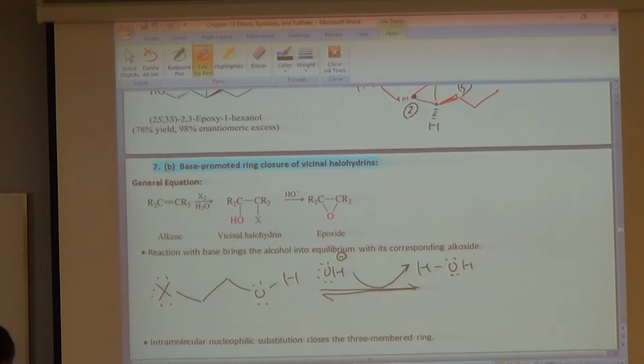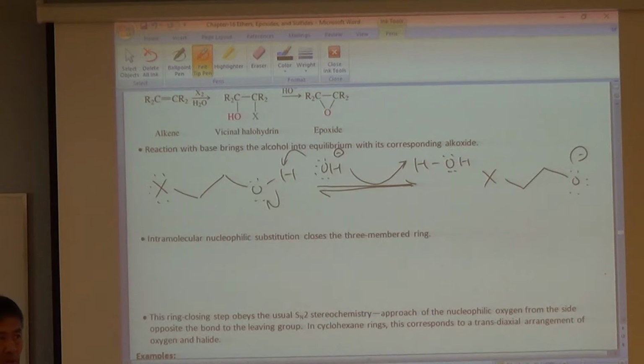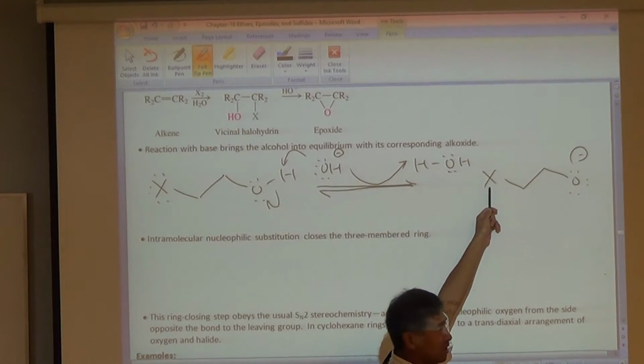So what happens is you're doing something like this. If you want to use electron flow arrows, you take this and this. Next step, you have this, a very good nucleophile. Now here is the halogen.